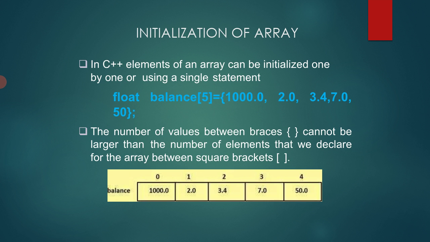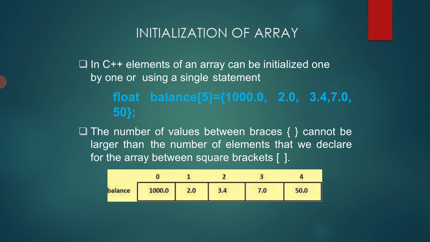It means in this array we can store 5 elements of float type, equals to curly brackets. In the curly brackets we have given 5 elements because the size of the array is 5 and the data type of the array is float. So here we have given 5 elements: 1000.0, 2.0, 3.4, 7.0 and 50.0. So it means we have initialized an array.